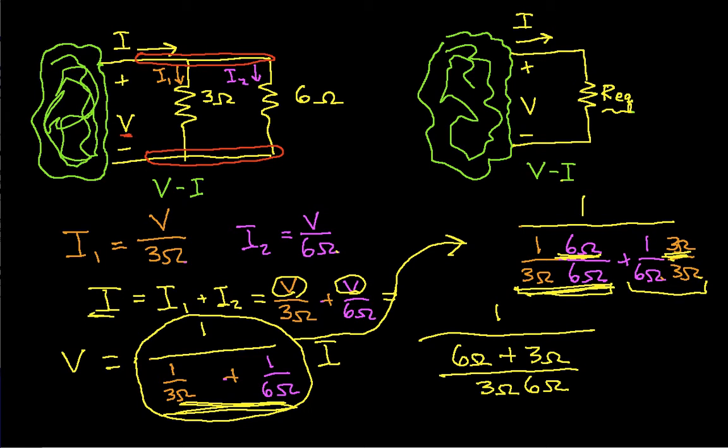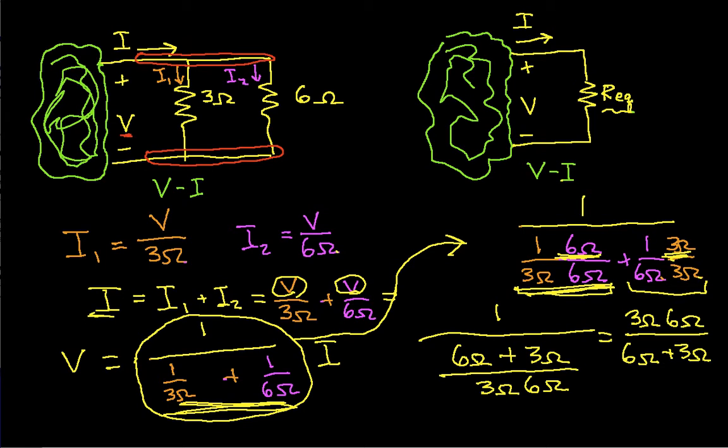And now 1 over this fraction is just going to be the inverse of this fraction, which is 3 ohms times 6 ohms over 6 ohms plus 3 ohms. Okay, so this is actually a much nicer formula to work with. It basically gives me now the equivalent resistance of these two parallel resistors.